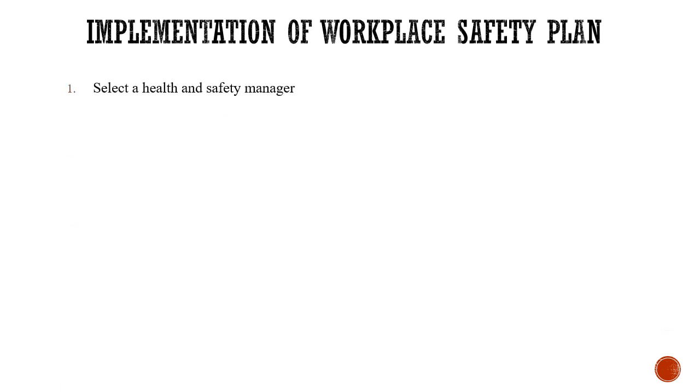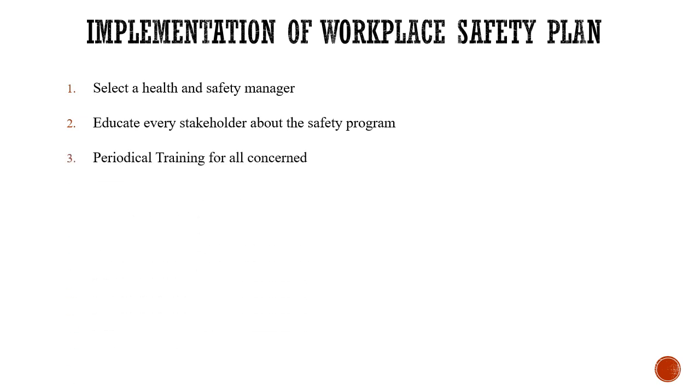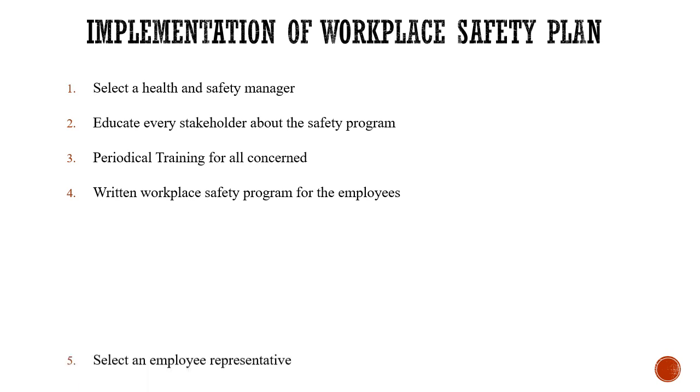Select a health and safety manager. Second step is to educate every stakeholder about the safety program. Third step is periodical training for all the concerned employees. Fourth step, written workplace safety programs for employees.